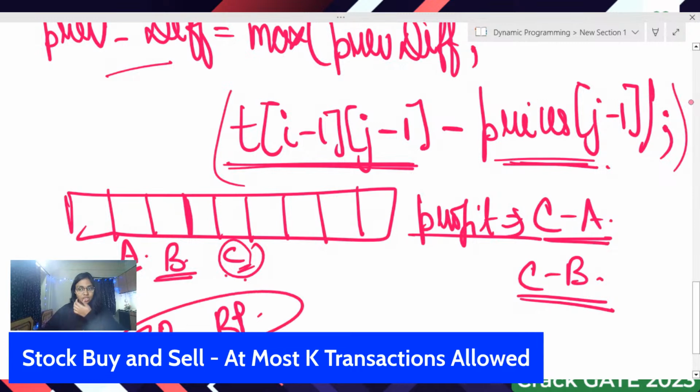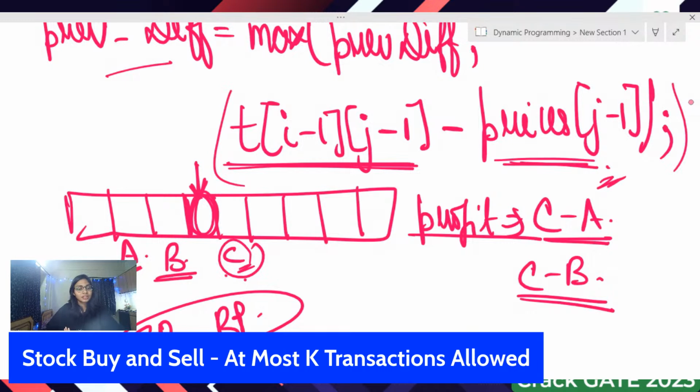Here we are considering that we have bought our stock at the price of j minus 1, and now we are finding out at which point we should sell it so that we can get the maximum profit.